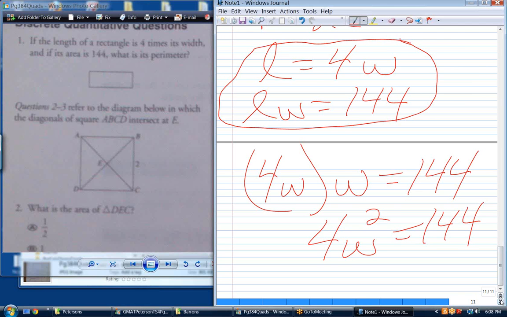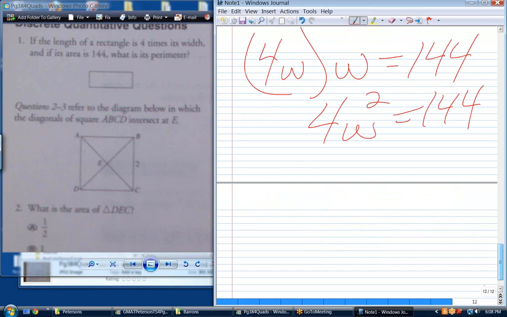What's the next step? I want to say you should just say 144 divided by 4. Okay, which is 36. And then W is 6.